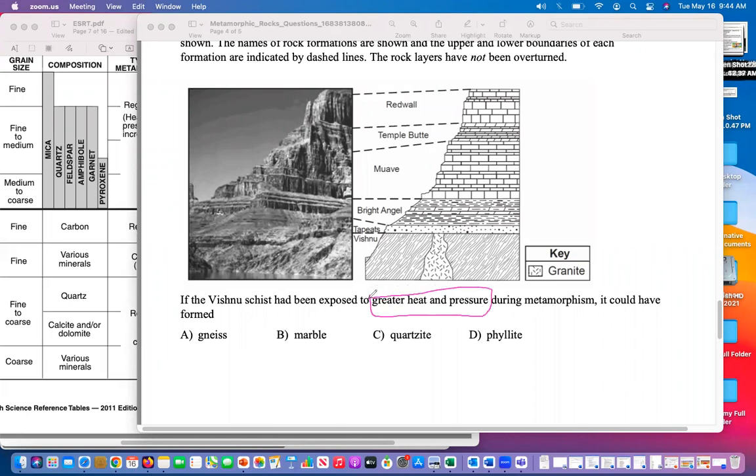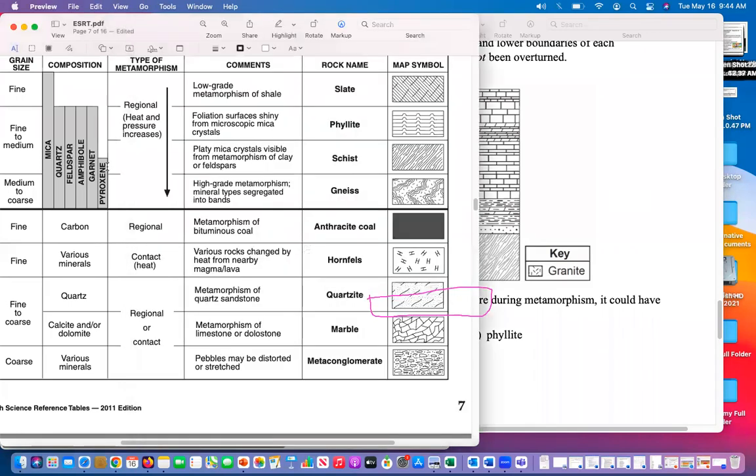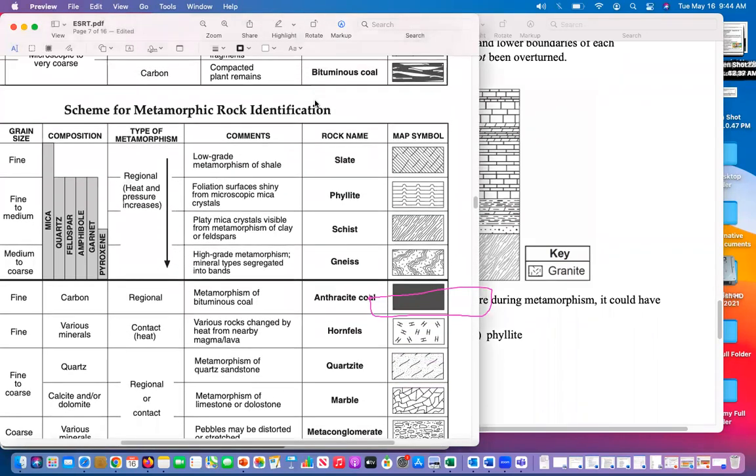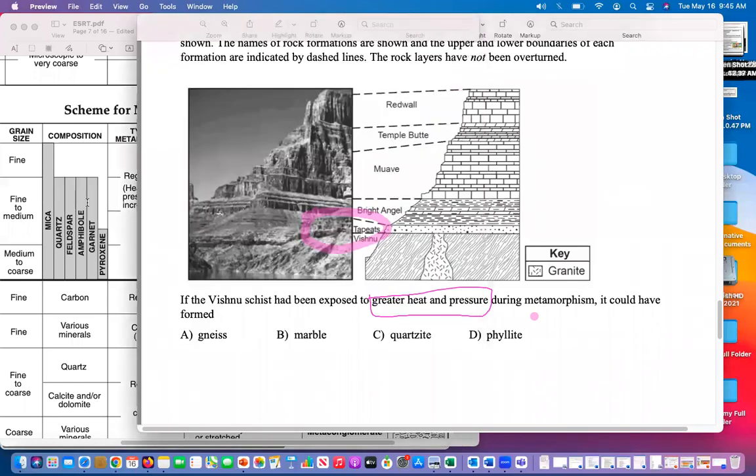So I'm going to look where schist is right now. And I see right here, schist. And the question says, well, what happens if schist was exposed to even greater heat and pressure?